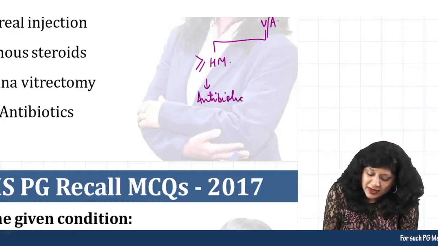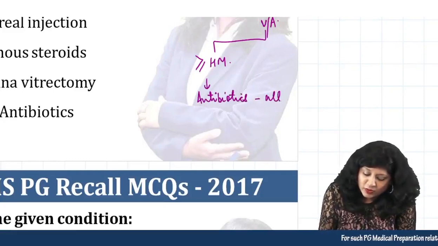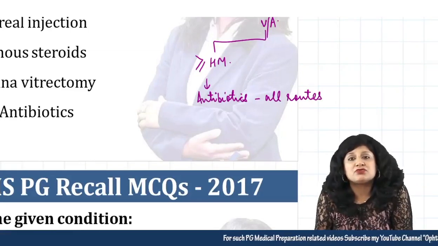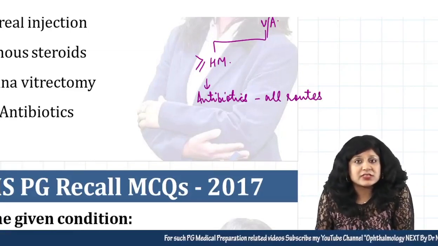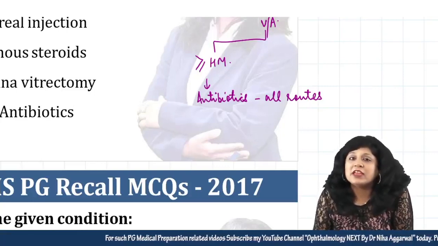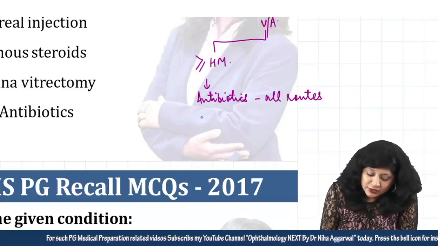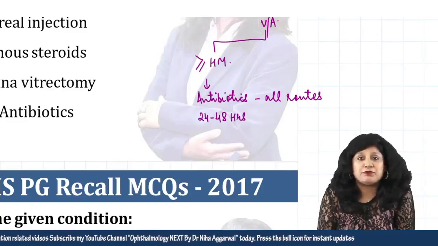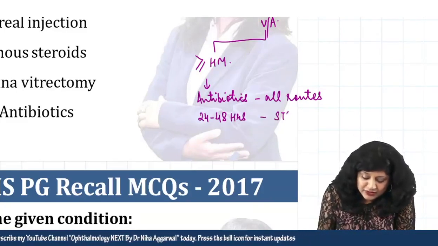And these antibiotics are given by all the routes. So, whether it is topical, systemic, intravenous, intravitreal, though the most important is the intravitreal antibiotics, but we give all. Then after 24 to 48 hours of controlling the infection, we also start up with the steroids.